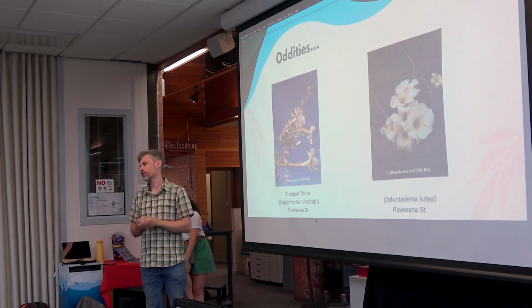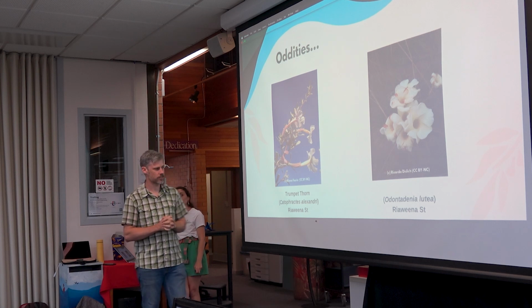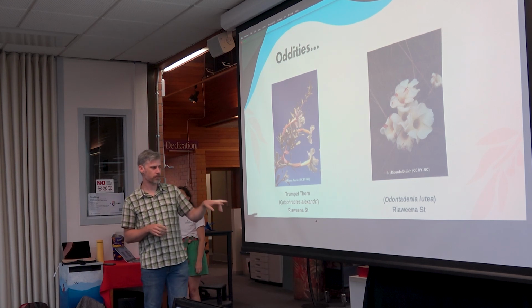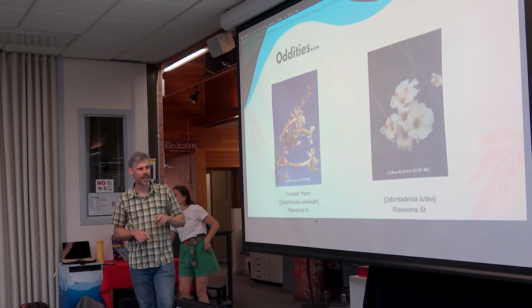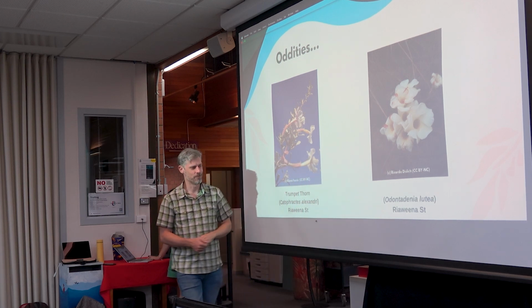And we had a couple of odd detections, and not really sure what to make of this. So we detected these two species, the trumpet thorn. I'm not going to try and pronounce the scientific name. And then this other one, Odontognia lutea, at Rowena Street.